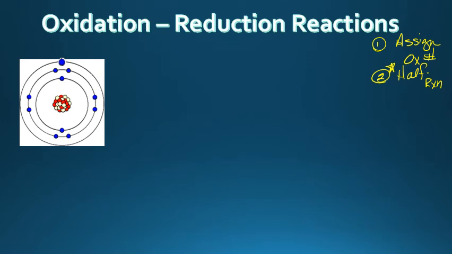Who is this guy? Well, if you said sodium because it has 11 electrons, you are absolutely right. Well, sodium is going to lose an electron, and we do not use negative signs in chemical reactions. So the loss of an electron is written as an electron product.